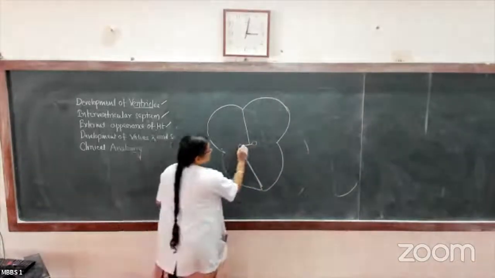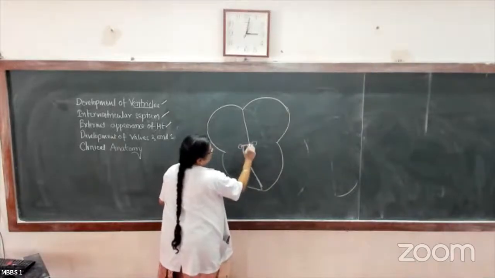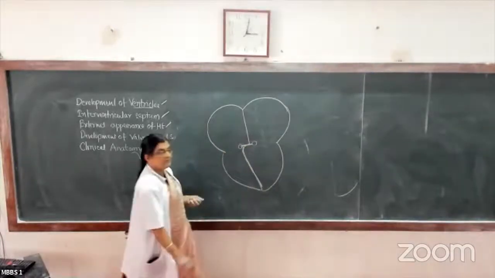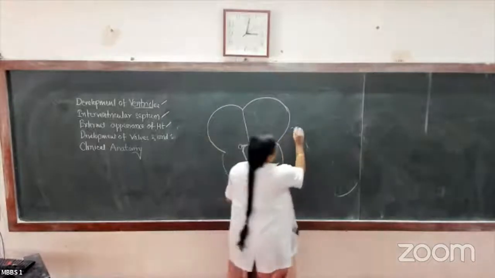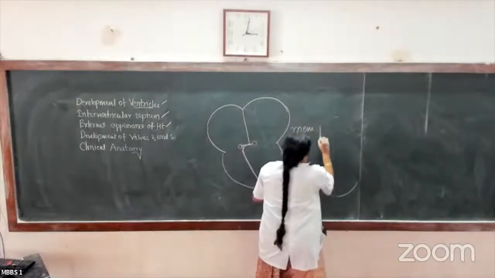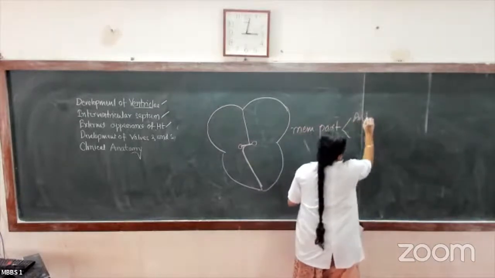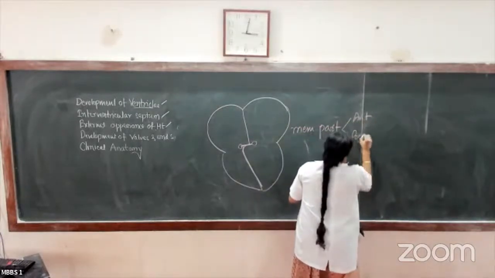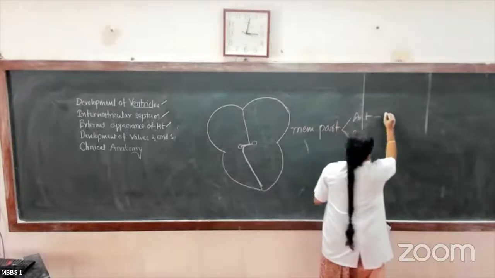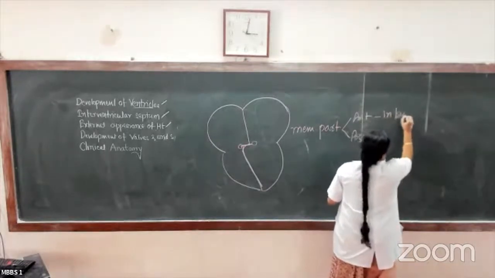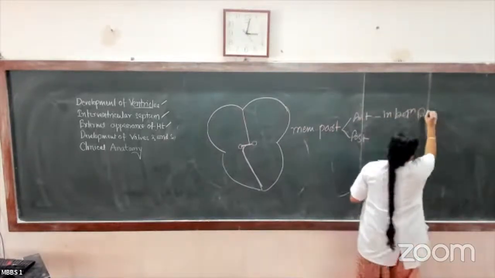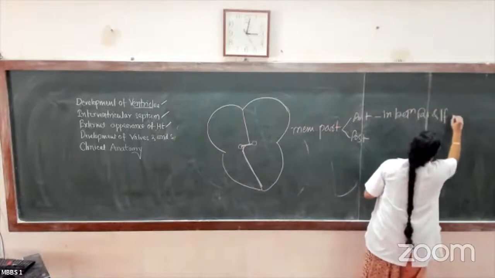So this membranous part of the interventricular septum is divided into two parts, anterior and posterior. Anterior part is in between two ventricles, in between right and left ventricle.